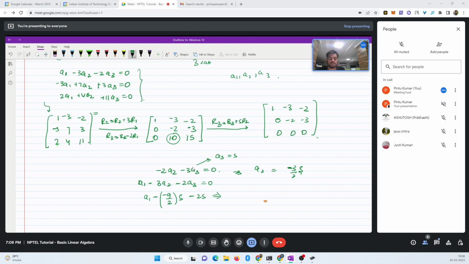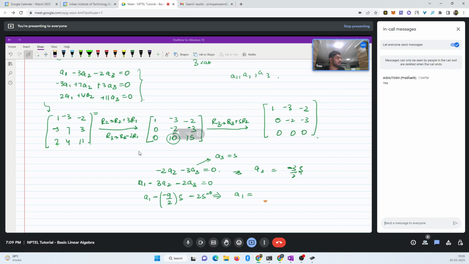This implies that A1, this is 0, so this implies your A1 is 2S minus 9 by 2 S, which is A1 is minus 5 by 2 S.